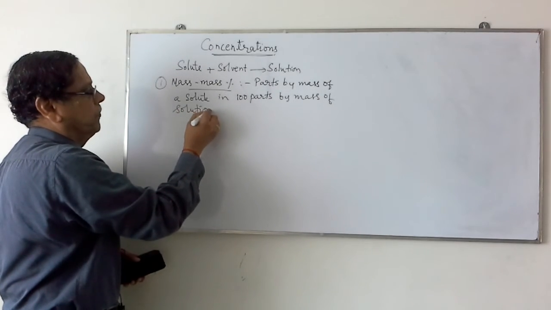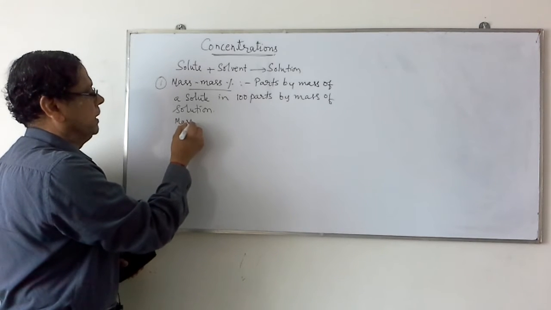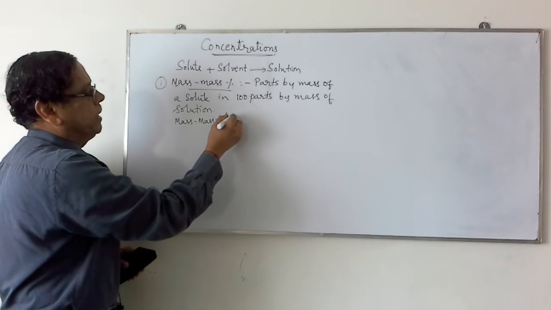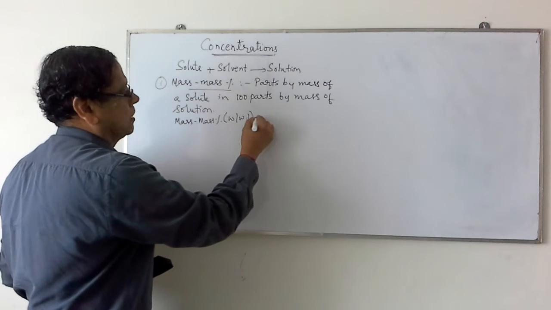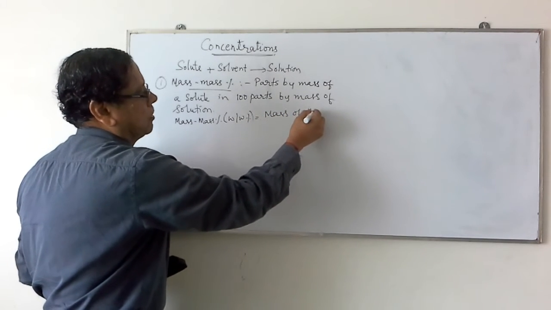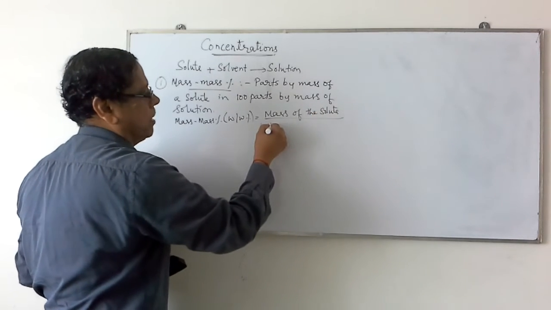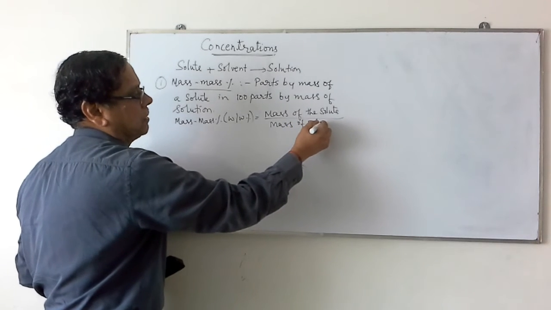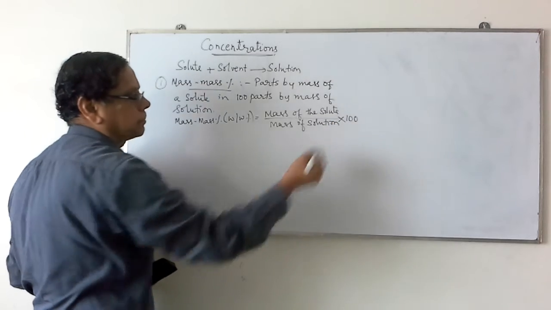So this mass percent is also named the W by W percent. It is expressed as mass of the solute divided by mass of the solution, multiplied by 100.